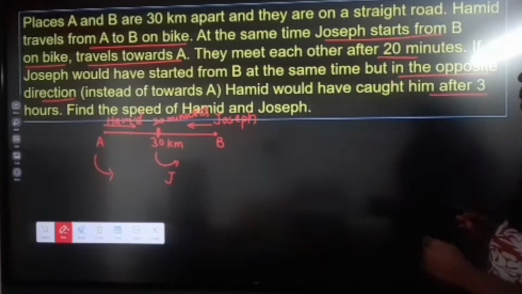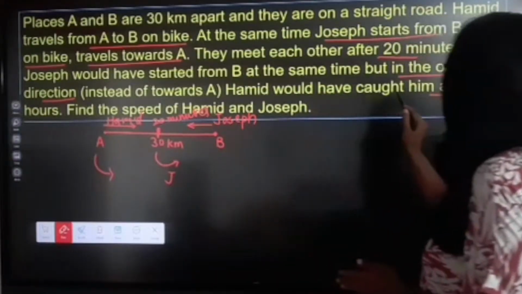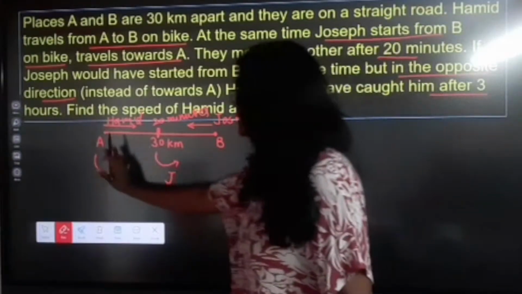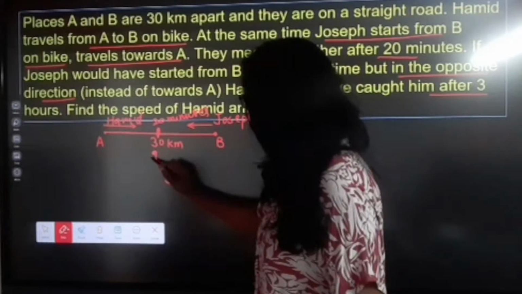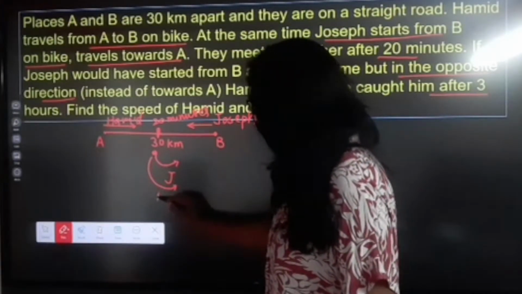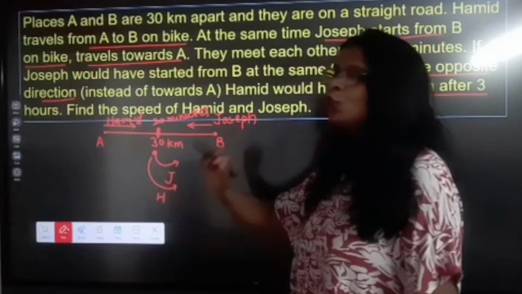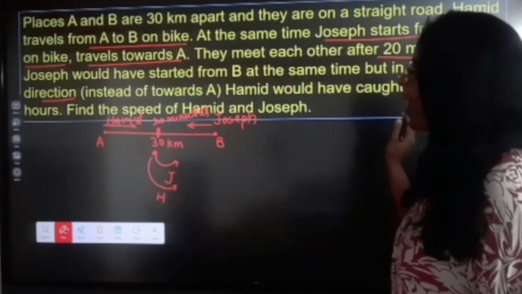Now here students, Hamid would have caught him. At the same time Hamid also travels, and Hamid caught Joseph after 3 hours.